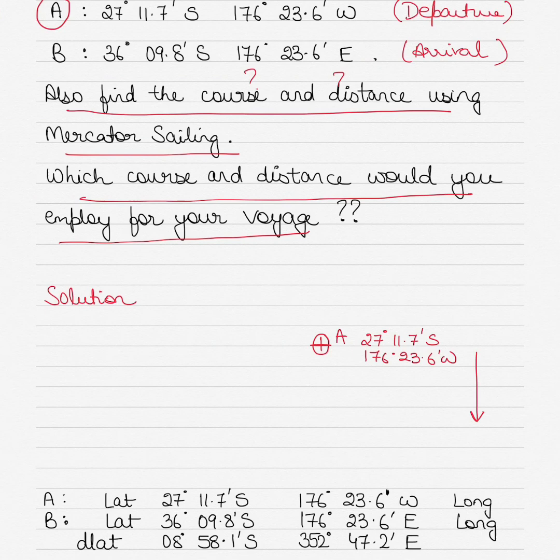You will be going south, and you also have to go to 176 degrees 23.6 minutes east. Now where would that lie? You have to remember that 176 degrees is very close to the anti-meridian. What is the anti-meridian? The anti-meridian is 180 degrees, which is on the other side of the world.